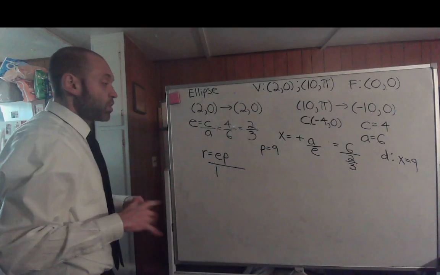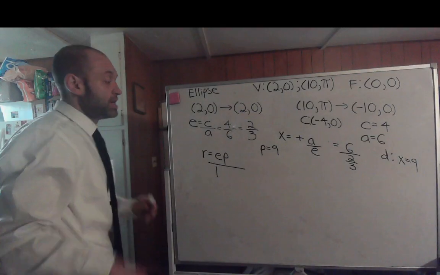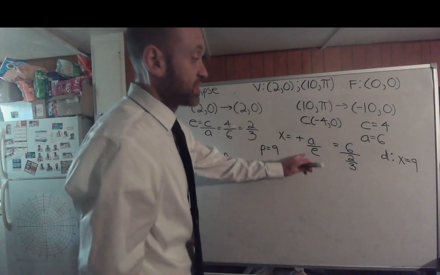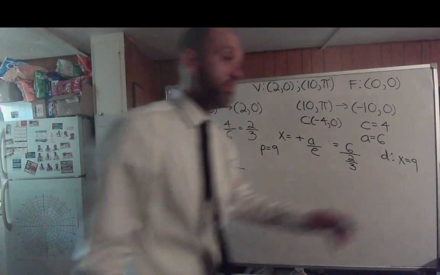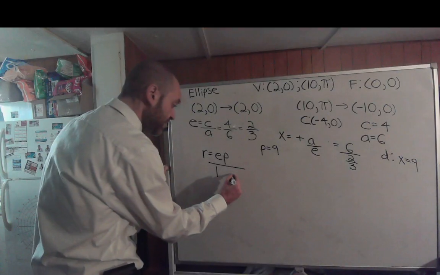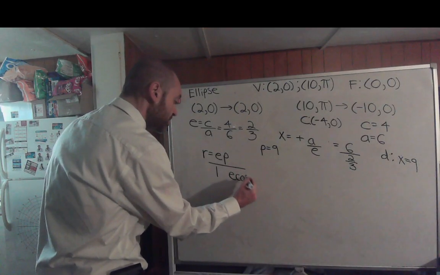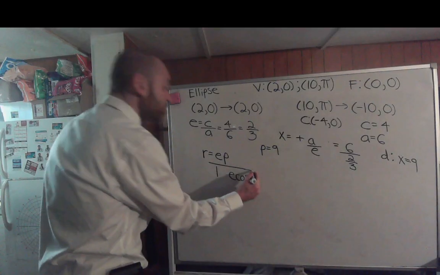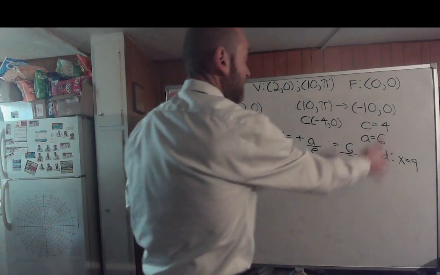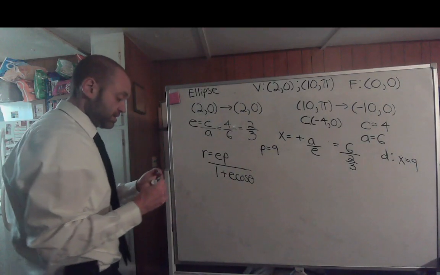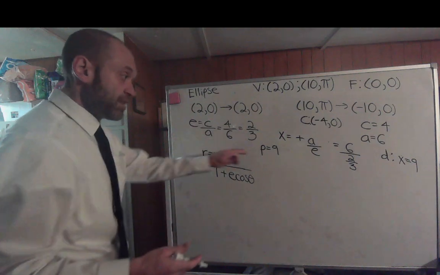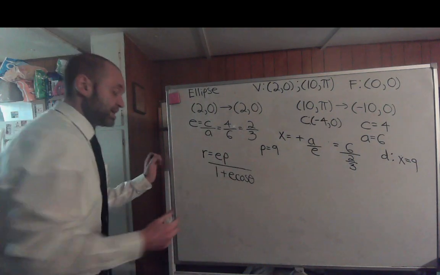Now, which function are we using? We notice that the directrix is of the form x equals, so this means we have the x-axis being the major axis, so we'll use e cosine of theta. And notice how the directrix is to the right of the pole, the focus, so it'll be plus e cosine of theta.